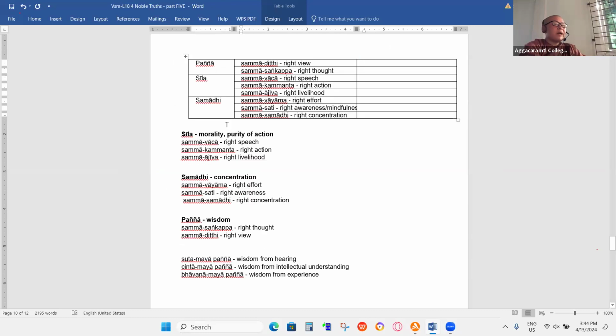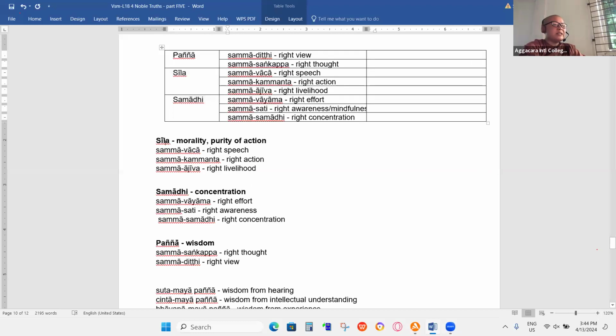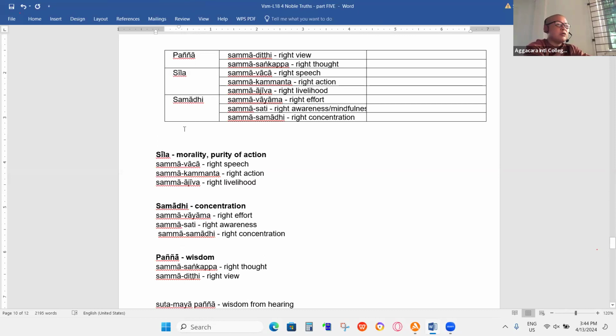So panna, sila, samadhi. But the Buddha's practice asks us to practice sila, samadhi, panna. The recommendation is to practice sila, followed by samadhi, followed by panna.